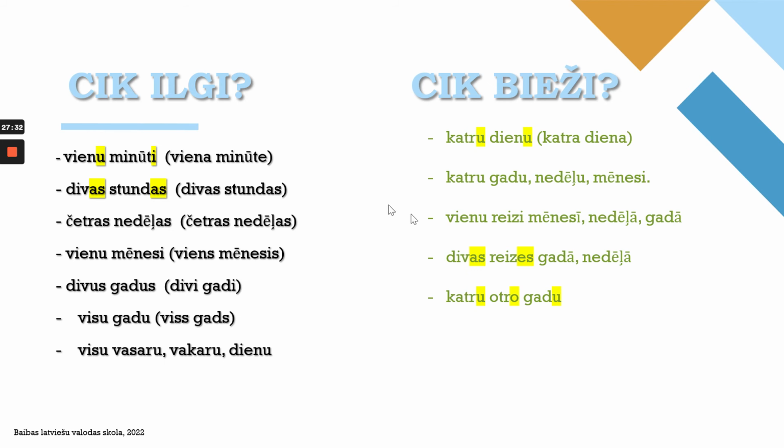Yeah, for ordinal numbers, accusative ending is O. Katru trešo dienu, every third day. Trešo, again, is a third ordinal number, and in accusative it's O. So all 3 words are in accusative case. And vairākas reizes mēnesī, several times a month.